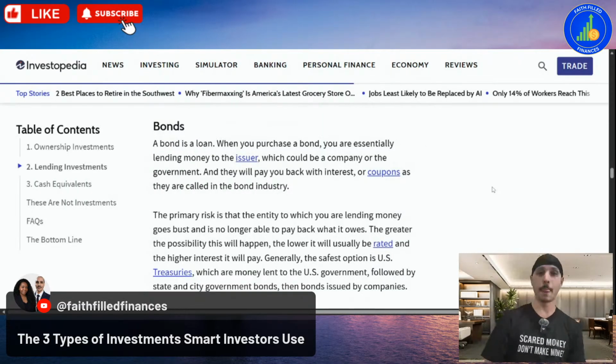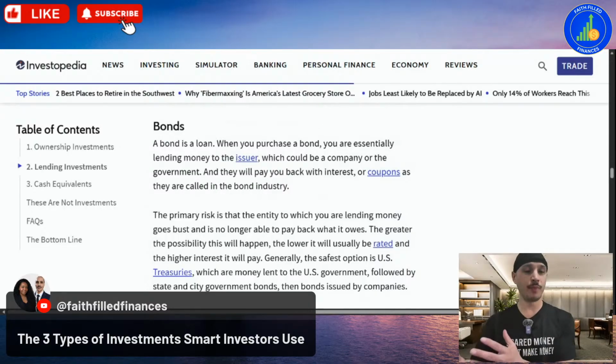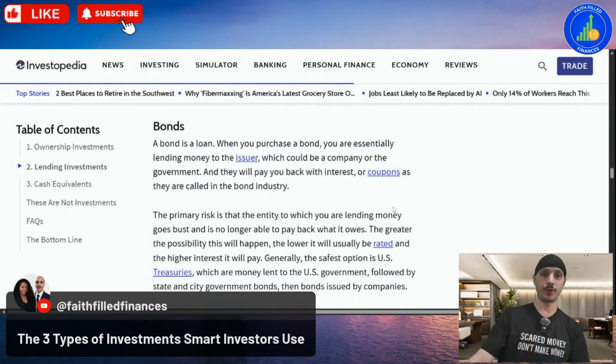When you purchase a bond, you are essentially lending money to the issuer, which could be a company or the government. When you give a company or the government a loan, that is called a bond. And they will pay you back with interest, or coupons as they are called in the bond industry.